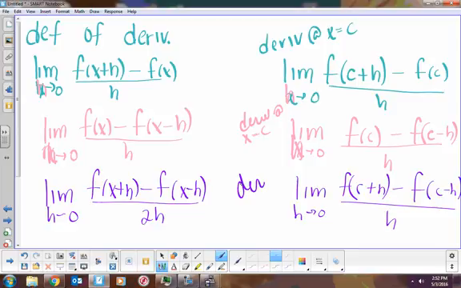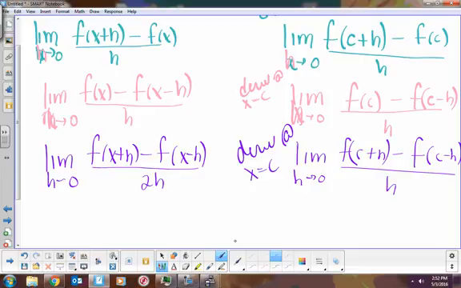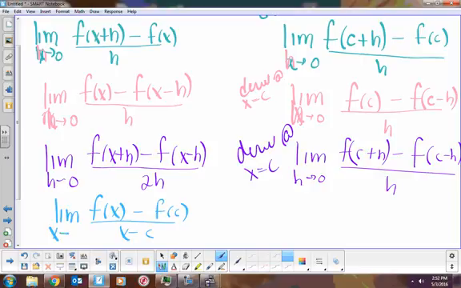And again, this is the derivative at x equals c. This is just the main derivative. Then the last one that you got was the limit of f of x minus f of c all over x minus c as x approaches c. And again, this is the derivative at x equals c.